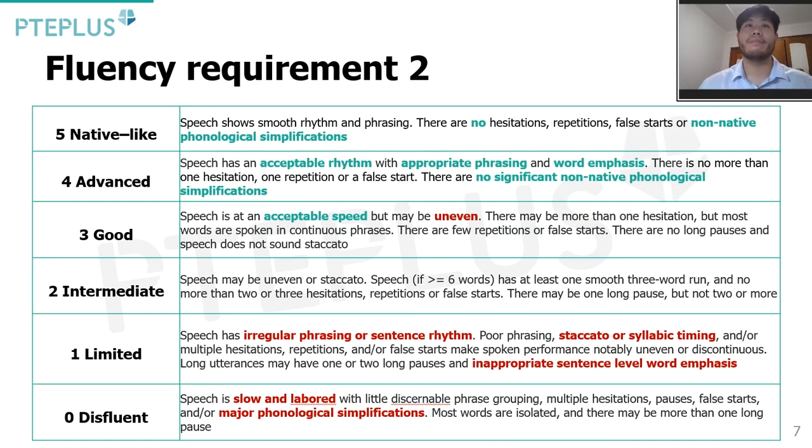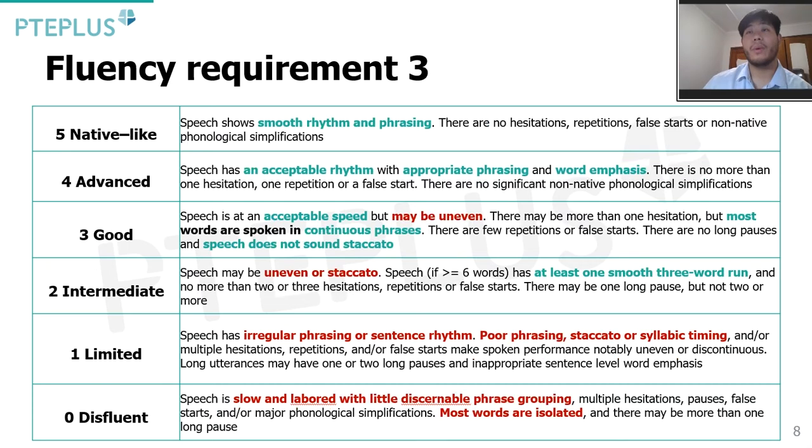The second fluency requirement we're having a look at is no non-native-like simplifications, an acceptable rhythm with appropriate phrasing and word emphasis, and an acceptable speed. And we have fluency requirement 3, which requires us to have smooth rhythm and phrasing, and having appropriate phrasing and word emphasis.